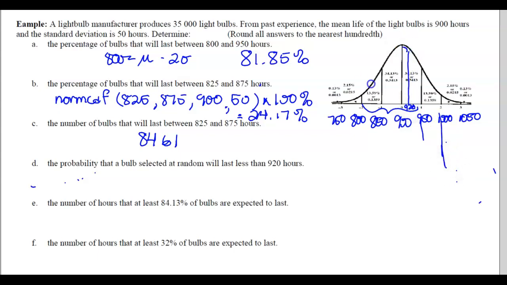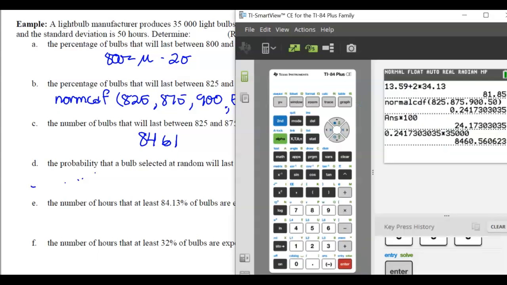So you want to find all of this area. Again, you're given the data value. You're trying to find the probability or the area underneath the curve, so you're using normal CDF.